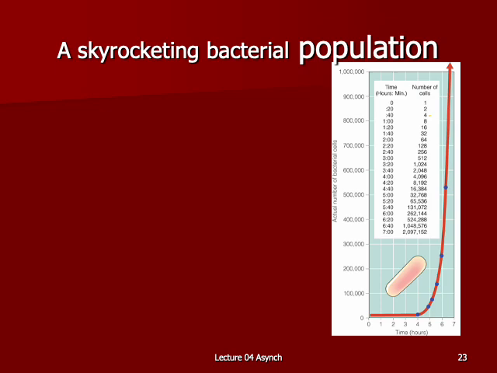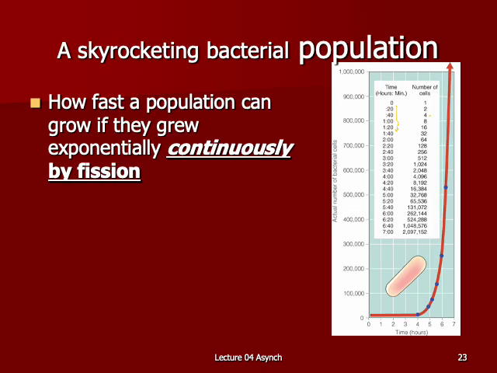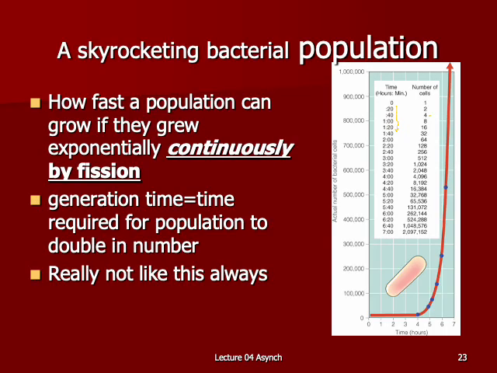Yeah, they do. In this example here, they're dividing every 20 minutes. Every 20 minutes, they double. Looking at these numbers here, you see that? So this would be true if they were continuously growing by fission and not slowing down. It's an exponential growth.